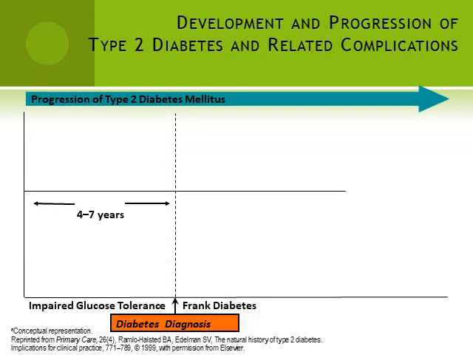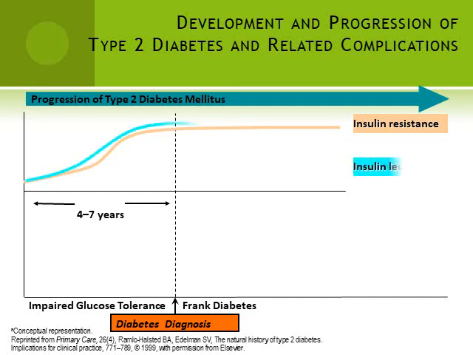When we see it in another fashion, you can see in this graph that insulin resistance is there 4 to 7 years before the diagnosis of diabetes mellitus. Insulin resistance increases gradually, and due to it, the insulin levels in the body start increasing and compensate for this insulin resistance.